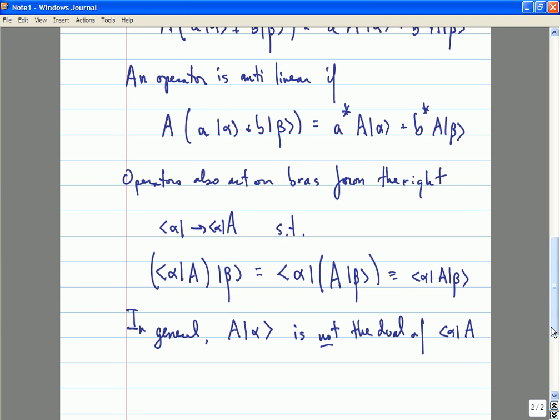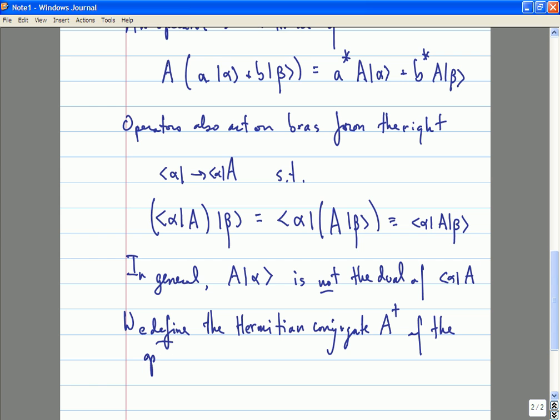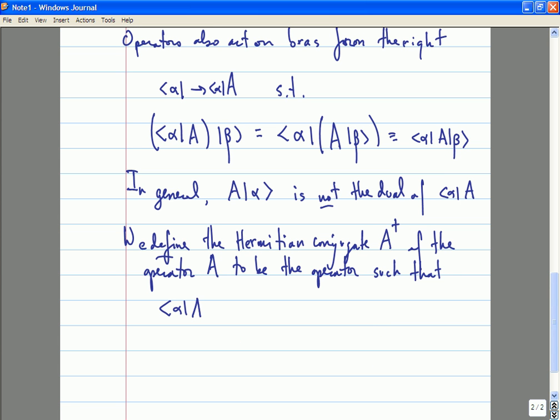So what we do is we define the Hermitian conjugate A dagger of the operator A to be the operator such that alpha A dagger is the dual of A times alpha.